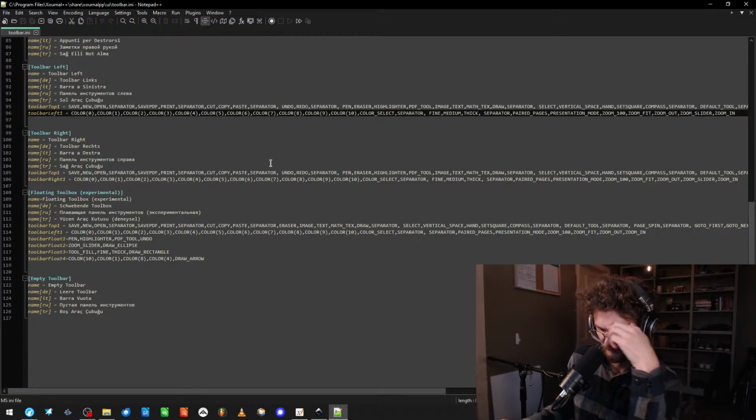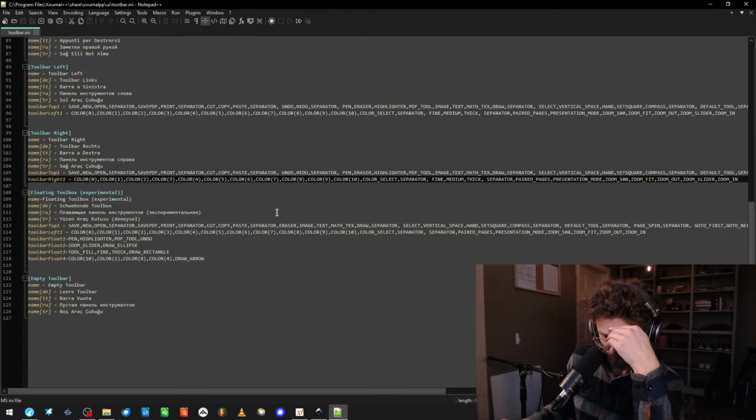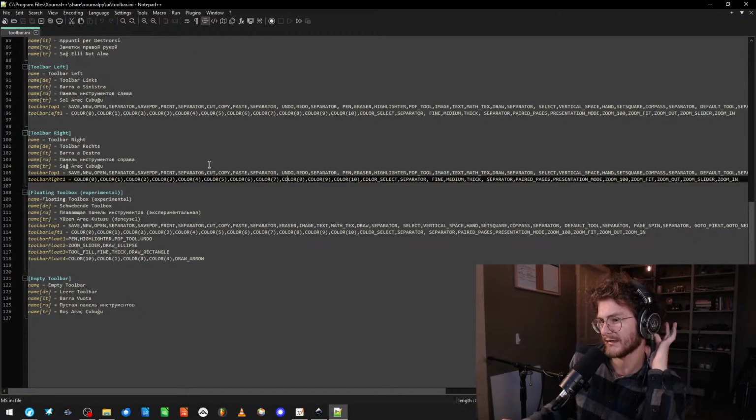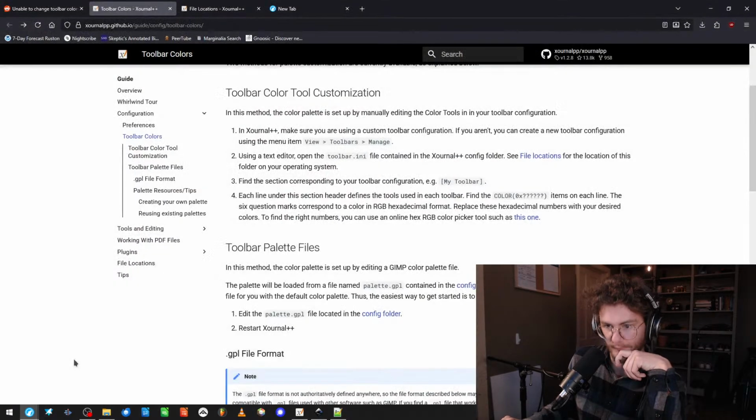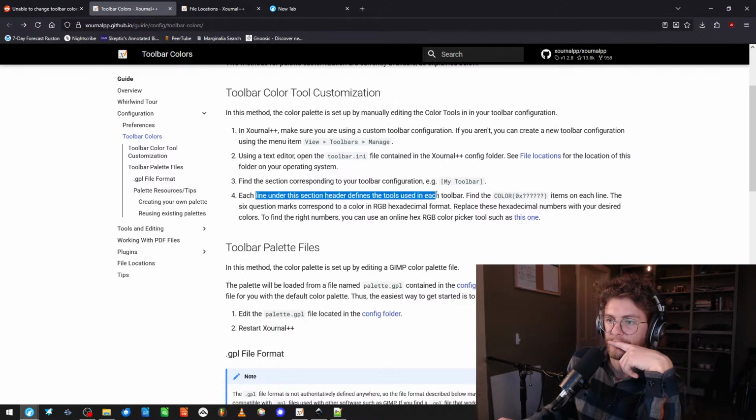Ah, color. There's the colors. Now, what does it want me to do with the colors? Does it want me to set custom ones? That's the real question. Cool, file locations. That section corresponds to your toolbar configuration, my toolbar. Each line under this section header defines the tools used in each toolbar.